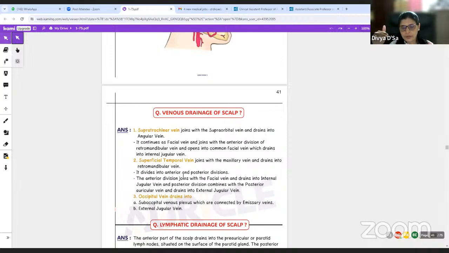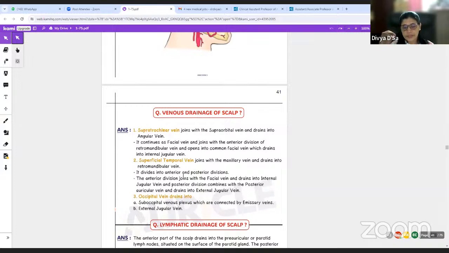That will form the retromandibular vein. The retromandibular vein divides into anterior and posterior divisions. The anterior joins the facial vein to form the common facial vein, draining into the internal jugular. The posterior division joins with the posterior auricular vein and drains into the external jugular vein.